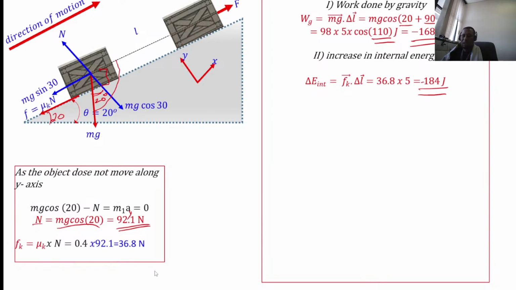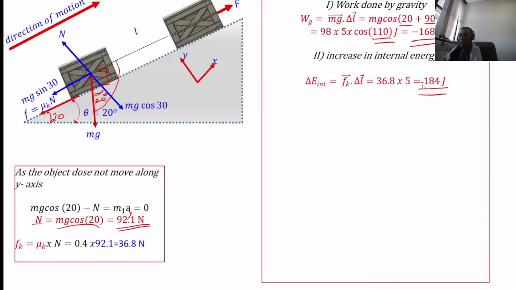But just yet use 36.8 from this calculation. Displacement is 5. I forgot to put that negative in principle because the angle is 180. That small f is to the left. The other one is to the right. The angle is 180 degrees. Cosine of 180 degrees is -1. Therefore, the change in the internal energy is 184 joules.